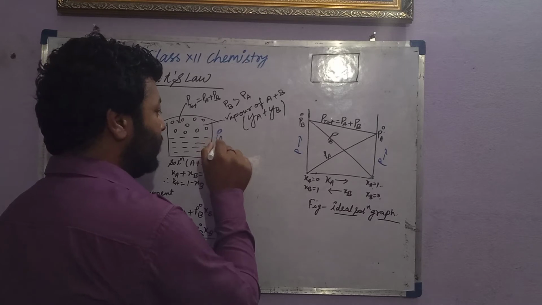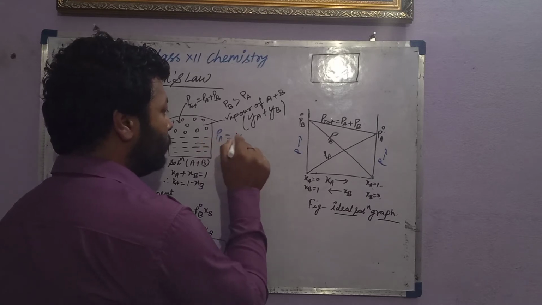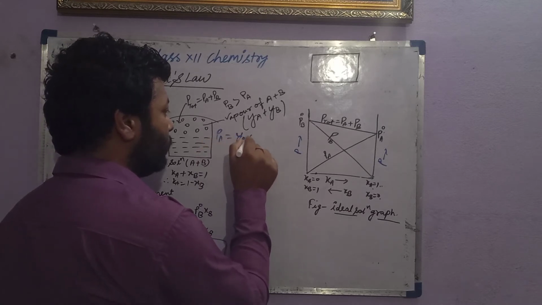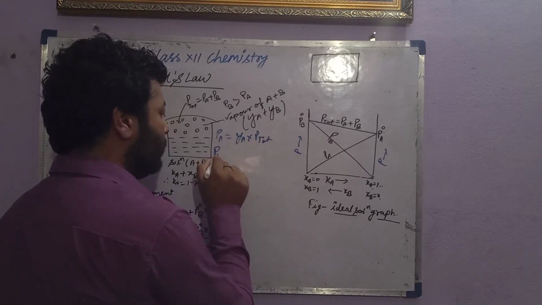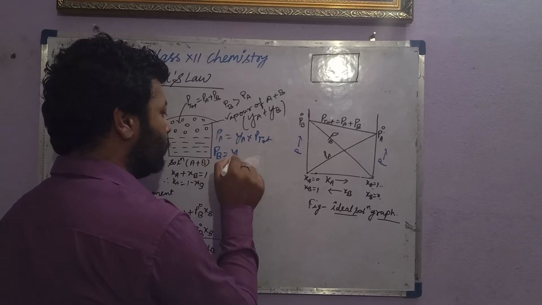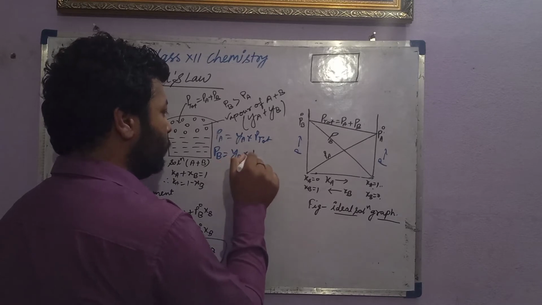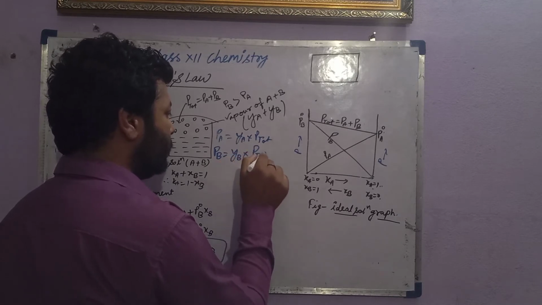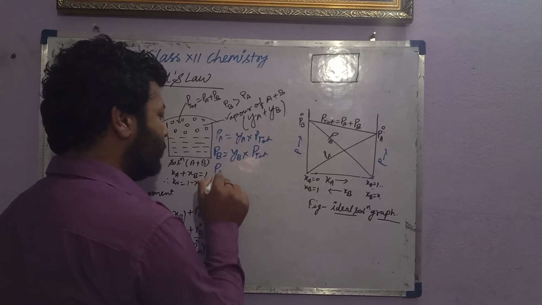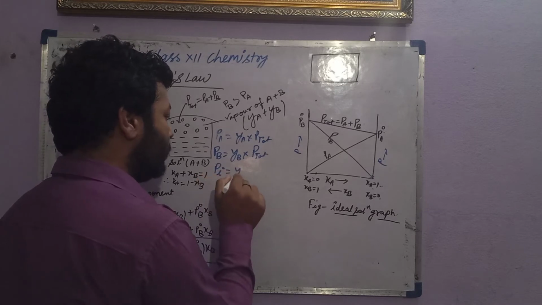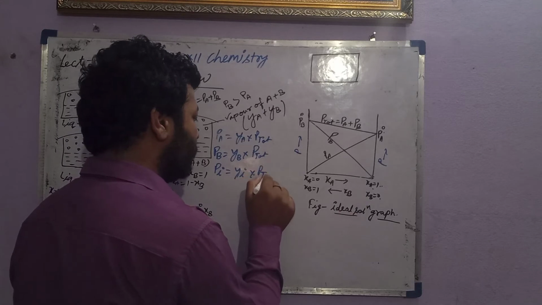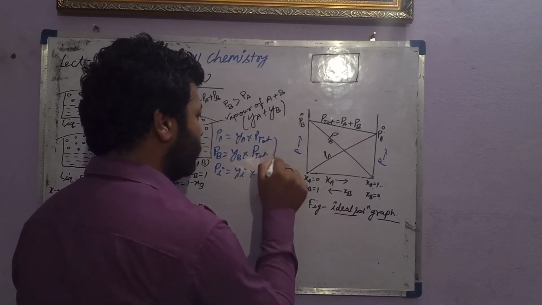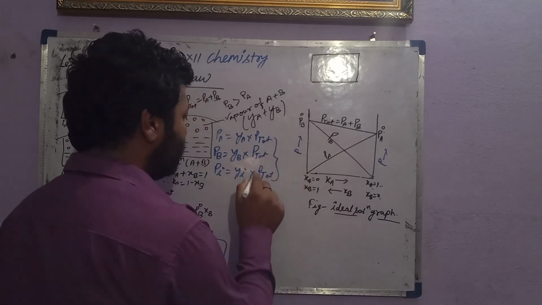According to Dalton's law, PA equals YA into P total, or PB equals YB into P total, or for any ith component, Yi into P total. This is according to Dalton's law.